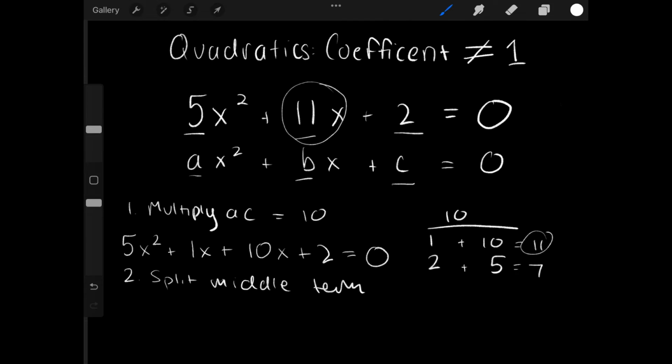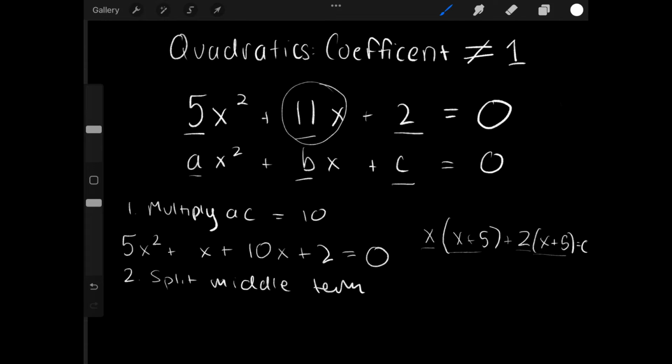So now that we have this, we're just going to go through the same steps that we did in our previous video. I'm going to erase this so I have a little bit more space. So we know that the greatest common factor of 5x squared and 1x, or we can just rewrite this as x, is x. So x times x plus 5 plus 2 times x plus 5 is equal to 0. And we can combine the x and the 2 because they're the coefficients of the same binomial.